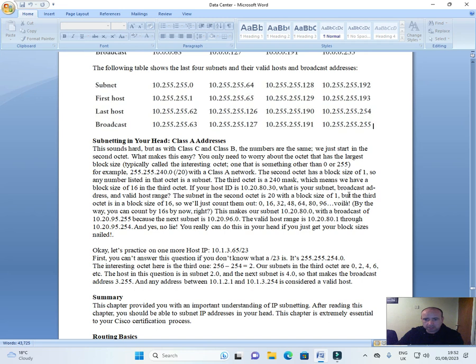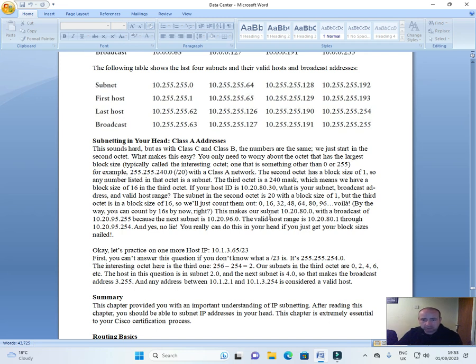If your host ID is 10.20.80.30, what is your subnet, broadcast address and valid host range? The second octet is 20 with a block size of 1, but the third octet has a block size of 16, so we'll just count them out: 0, 16, 32, 48, 64, 80, 96, voila. By the way, you can count by 16s by now, right?